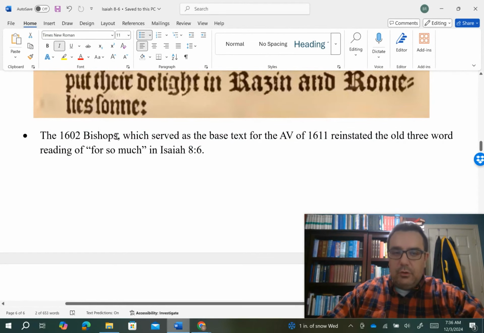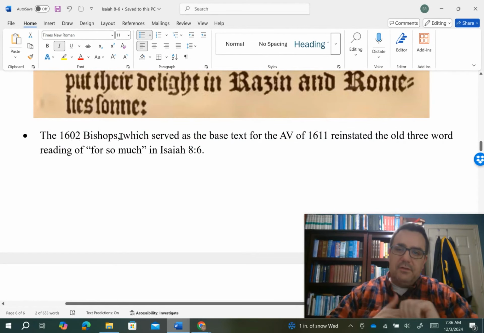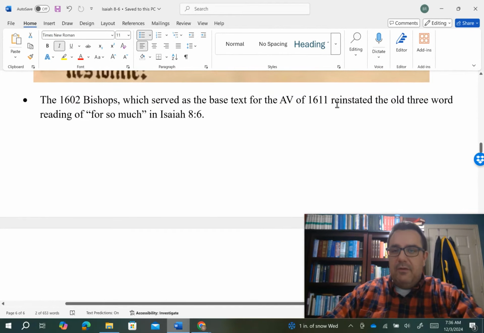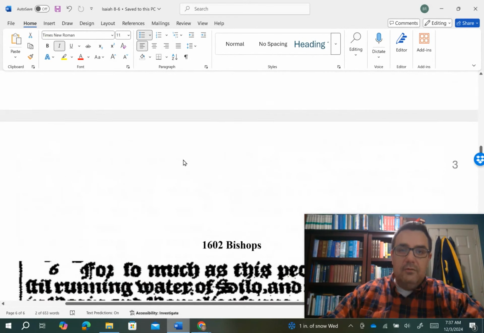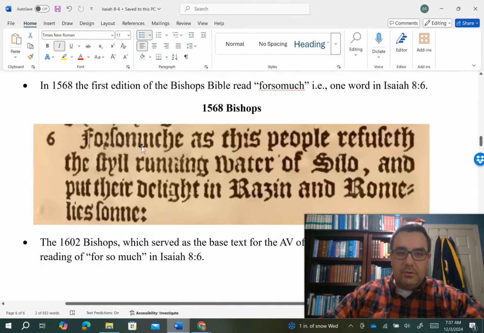Now, the 1602 Bishops, which served as the base text for the AV of 1611, reinstated the old three-word wording of Forsomuch in Isaiah 8:6. So here's a screenshot from a 1602 Bishops, and you can see that it's three words again, Forsomuch, versus the 1568 Bishops, which had it as one word, all right?